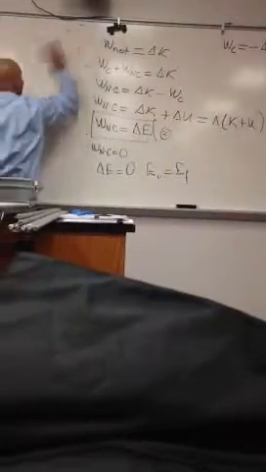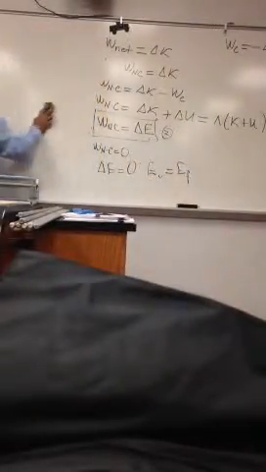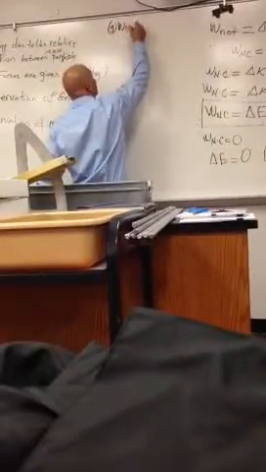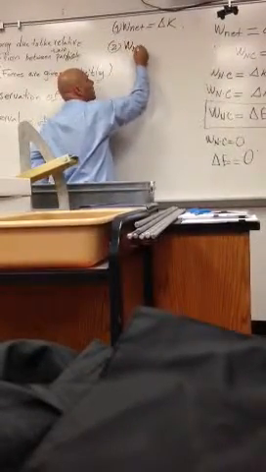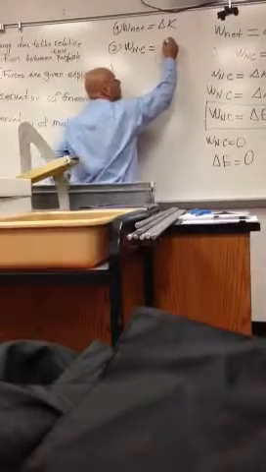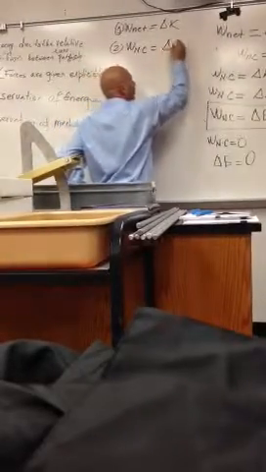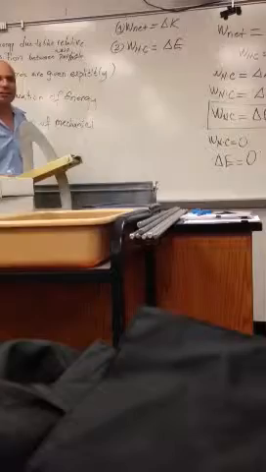The first theorem, we already used it. W net is equal to delta K. We use it when forces are given explicitly. The second theorem is W_NC equal to delta K plus delta U, which is the change in mechanical energy, E final minus E initial.